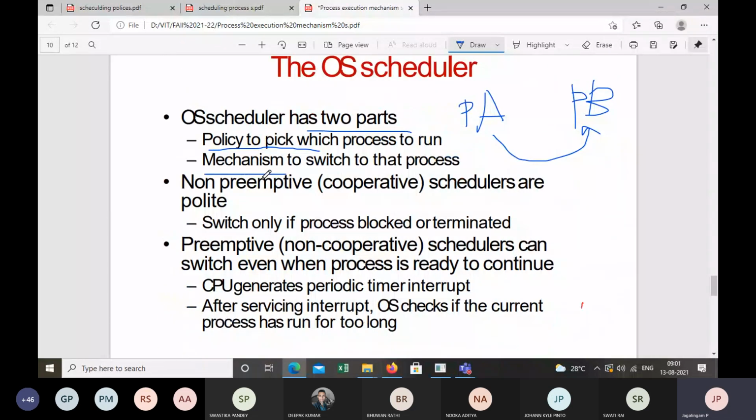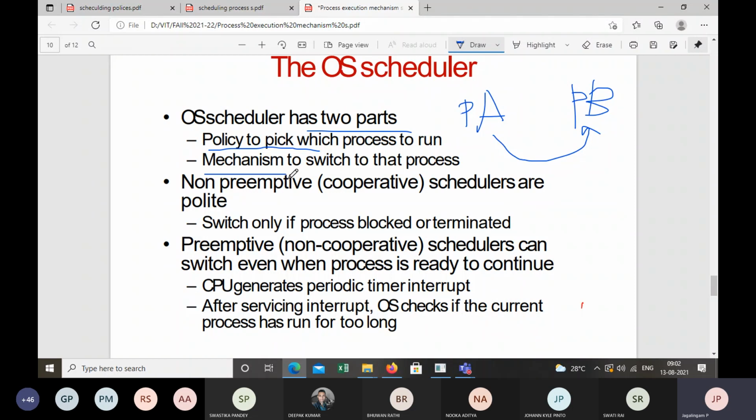In the code of the operating system scheduler, you have two parts: policy and mechanism. The policy decides which process to pick among the active processes. The mechanism is how to switch from one process to the other process.